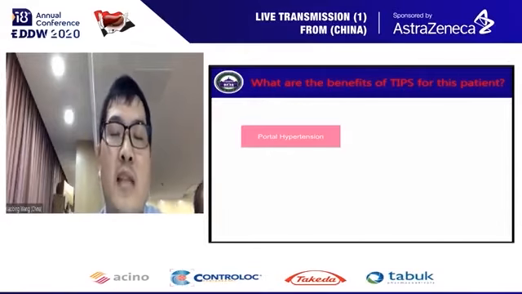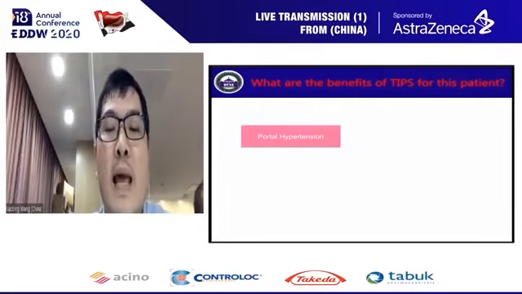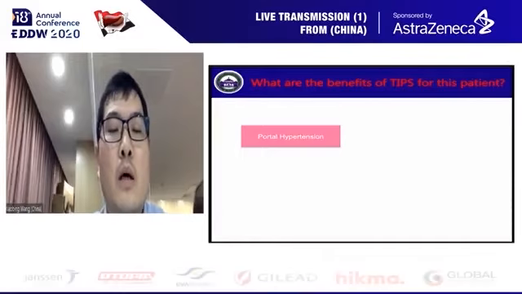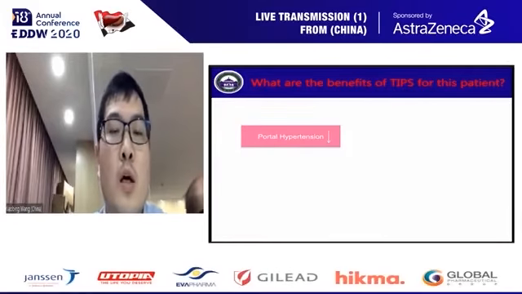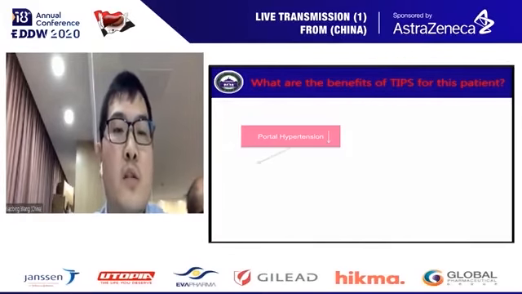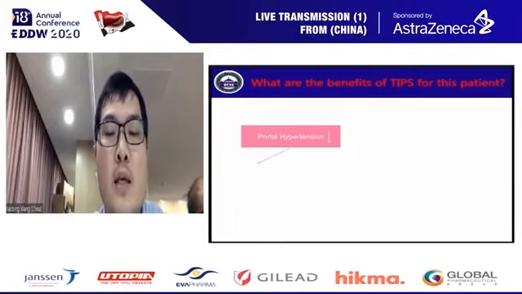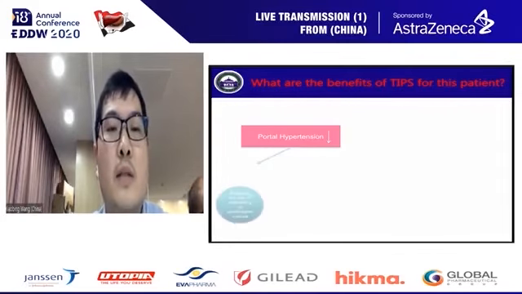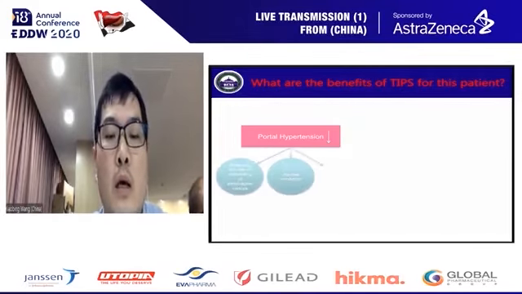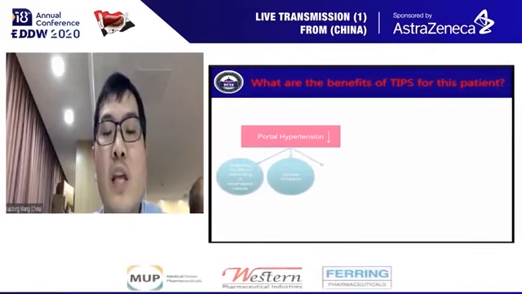First, a successful TIPS can decrease portal pressure to reduce the rebleeding of esophageal varices and relieve ascites and hypersplenism.